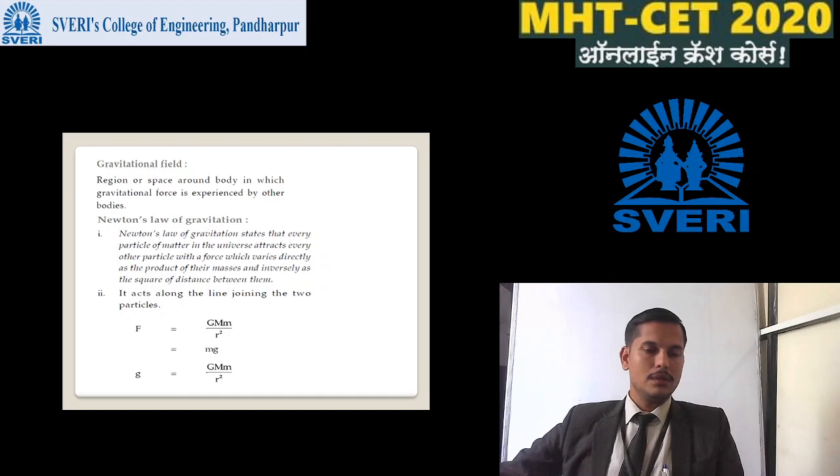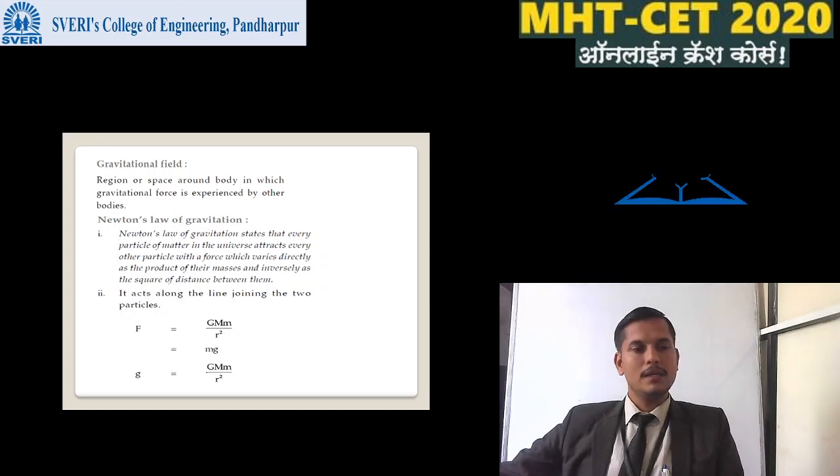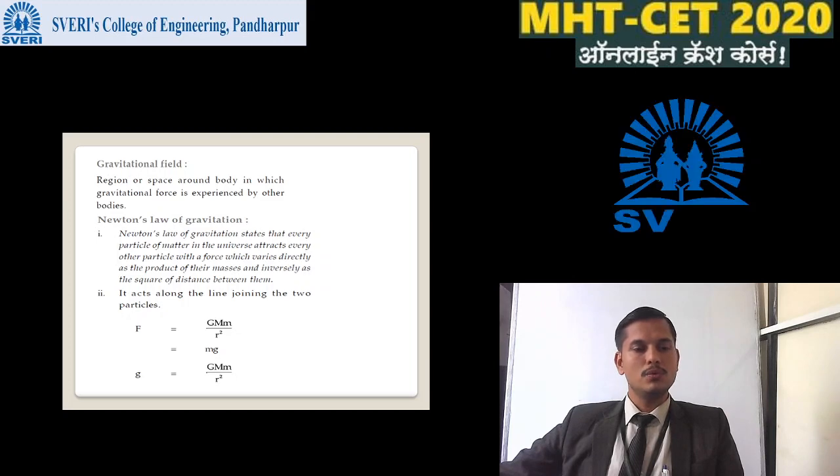If we consider the distance as small r, the square of the distance between them is r square. So we write that equation as capital F equal to GMm upon r square, and in terms of small g we write GM upon r square, same thing.